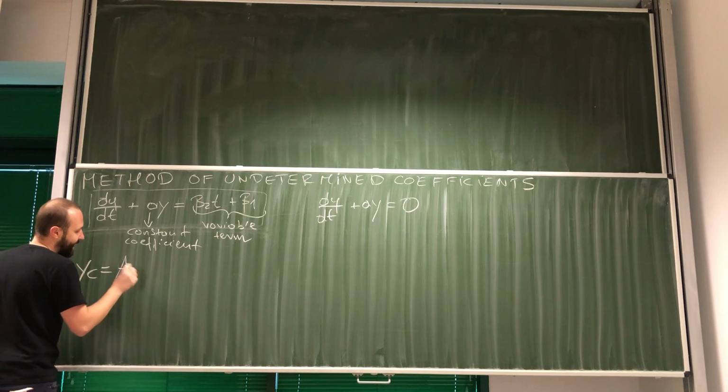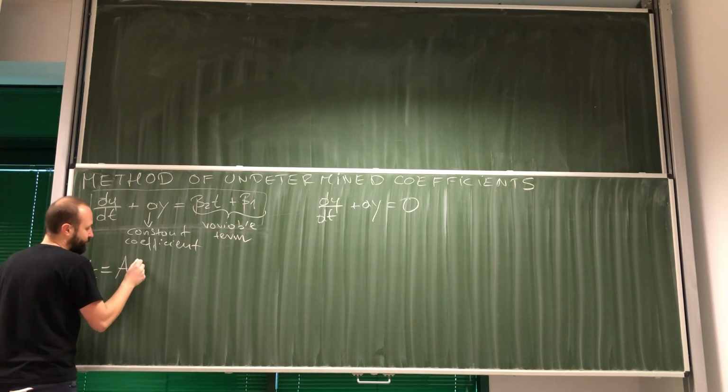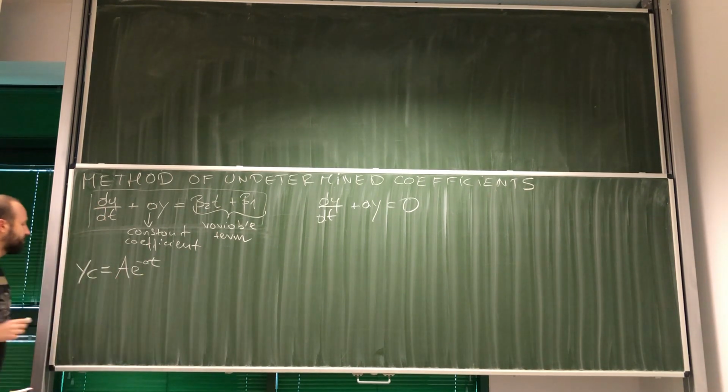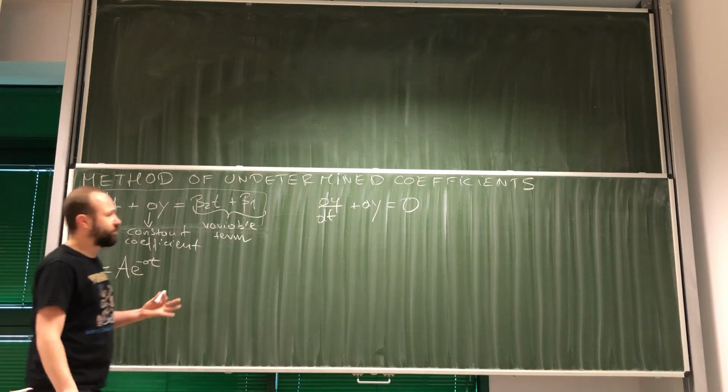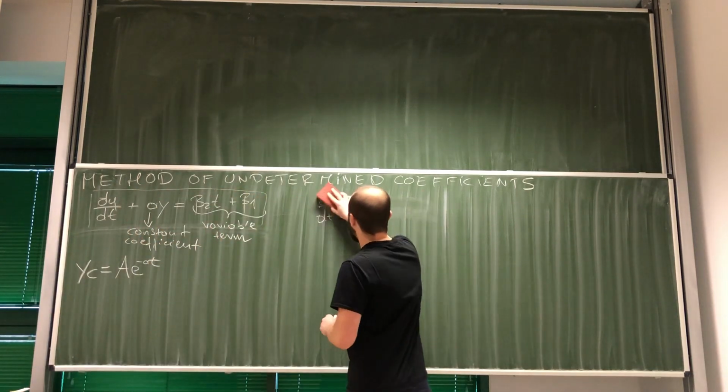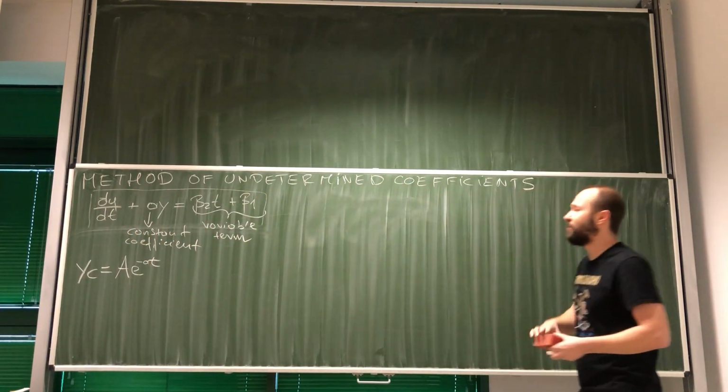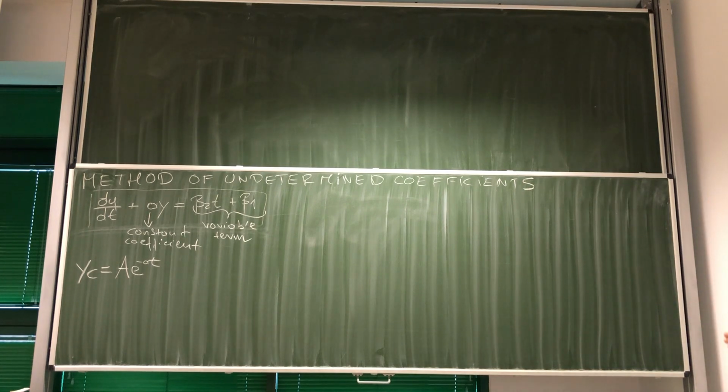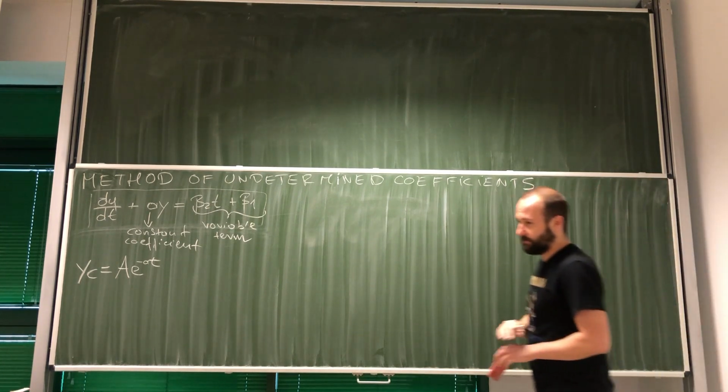So this is some A times e to the power negative at. So look, now we already have a complementary function. We don't need to look for it. We know its specific form, and we know how it works, right?